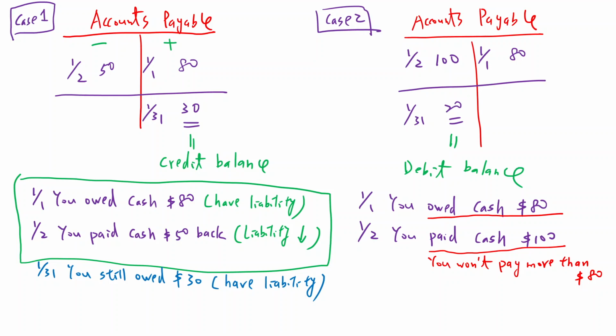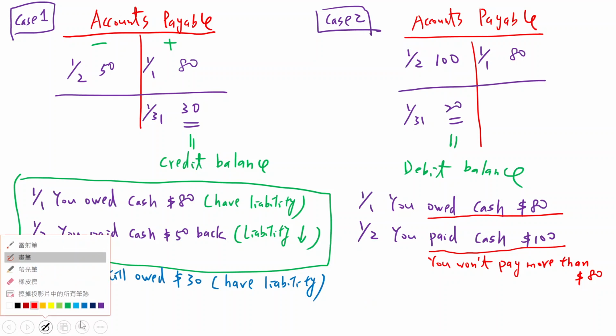Maybe you will say interest, right? But here we don't talk about interest. We just talk about the money you borrow. You will pay the money you borrow 80 plus interest. So here we didn't talk about the interest. We just talk about the money you borrow. So you will pay the $80 back. Okay? So based on this, you will find out impossible.